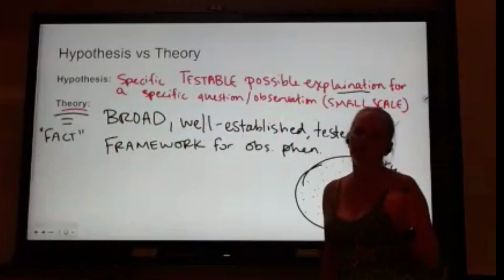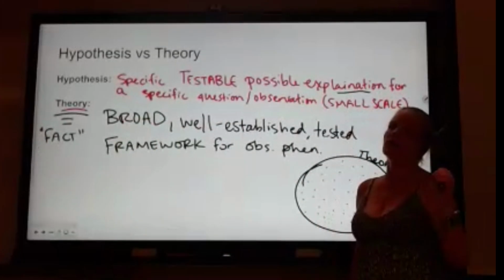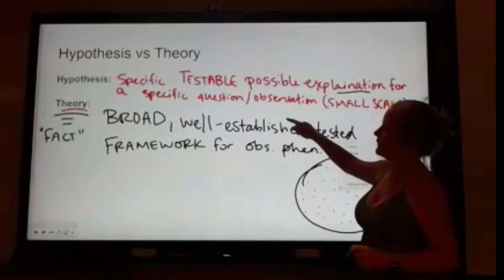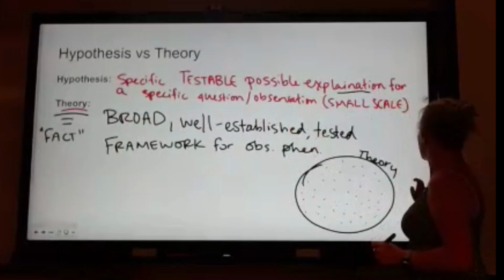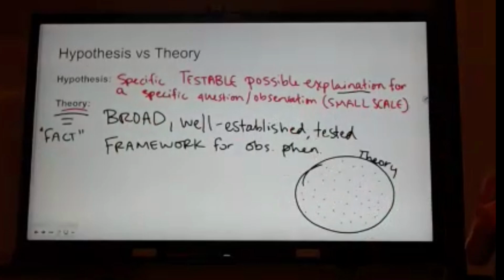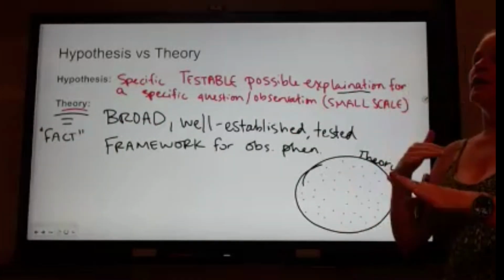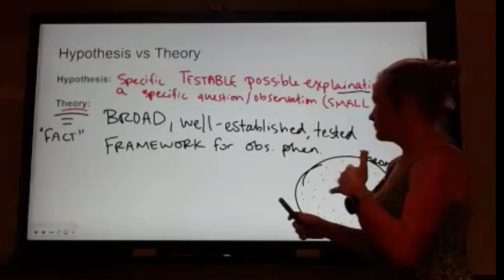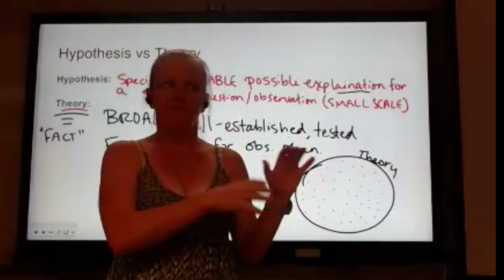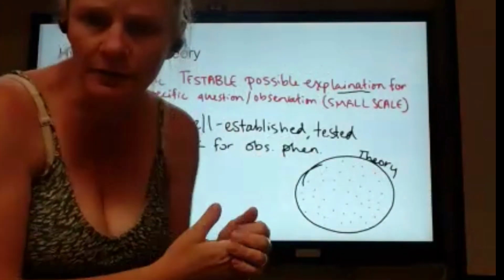But with the caveat that given new evidence, we might have to adjust our scientific theory. We're always going to allow ourselves to be wrong, because we always want to be building on the best evidence.